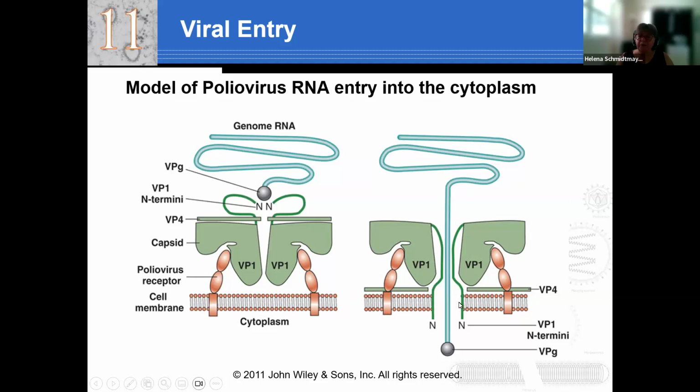Yes, it forms a pore in the target cell, and this pore enables viral RNA to enter the target cell. So this is the model of poliovirus, which is very well studied.